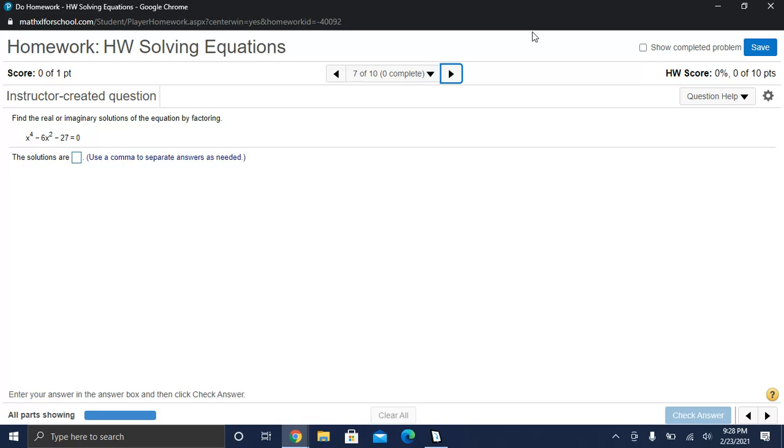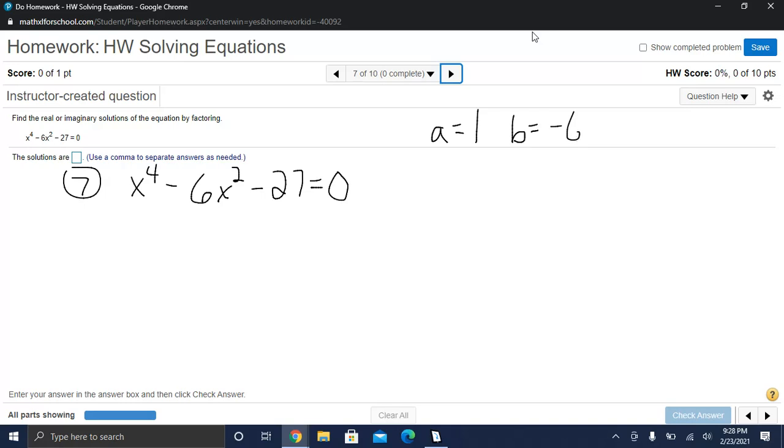So my problem, and this again is like your number 7, we have x to the 4th minus 6x to the 2nd minus 27 equals 0. So a is 1, b is negative 6, and c is negative 27.